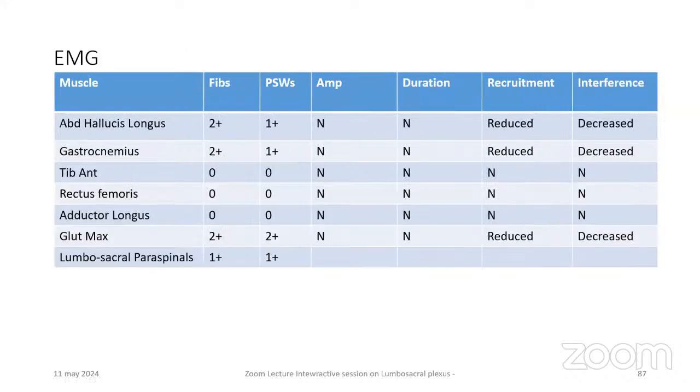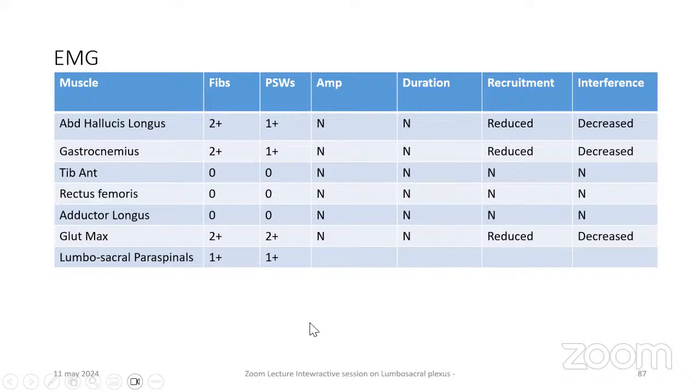EMG, now as I said, EMG is very important. You can see abductor hallucis longus, gastrocnemius, gluteus maximus and lumbosacral paraspinals giving fibs and positive sharp waves, whereas amplitude, duration, recruitment are almost normal except these.